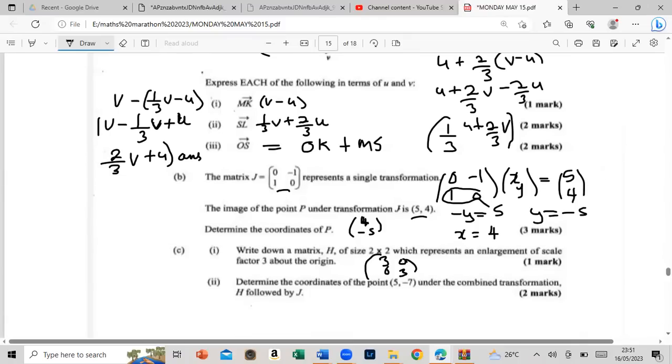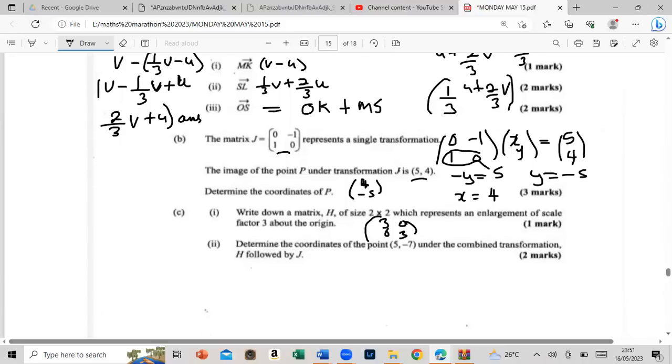Determine the coordinate of 5, negative 7 under the combined transformation of H followed by J. Oh, that was J, so J was up here. I'm going to do the enlargement first, that's what they say.